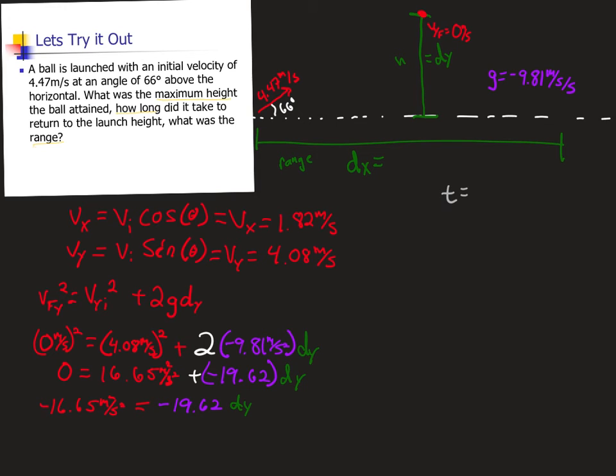I need to get that by itself. So I take my 16.65 and divide it by 19.62. The negatives cancel out to equal that positive. And I get a d sub y. Those technically should be meters per second squared, not meters squared.